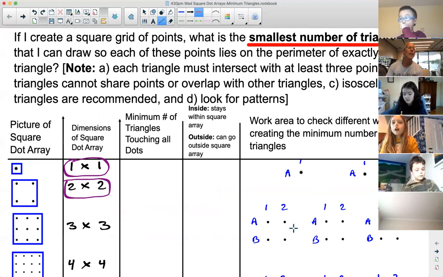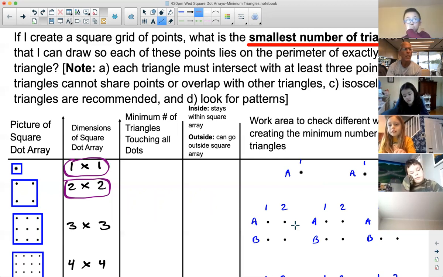These triangles must hit every single point. Now, there's a couple more rules that you have to follow, and those are as follows. Each triangle must intersect with at least 3 points.